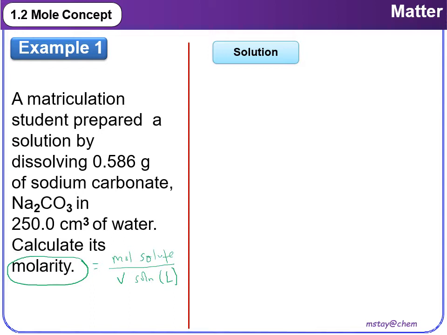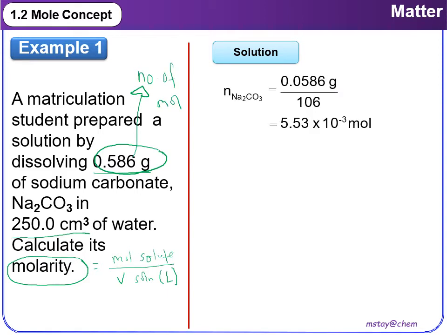A matriculation student prepares a solution by dissolving 0.586 gram of sodium carbonate in 250 centimeter cube of water. From here we know that the mass can help us to determine the number of mole, even though this question doesn't give us the number of mole. So the number of mole of sodium carbonate is calculated.